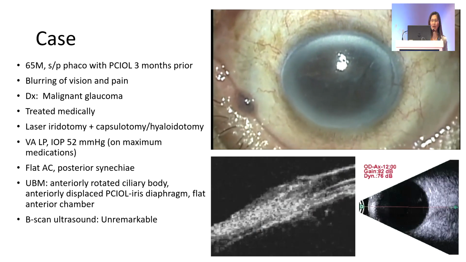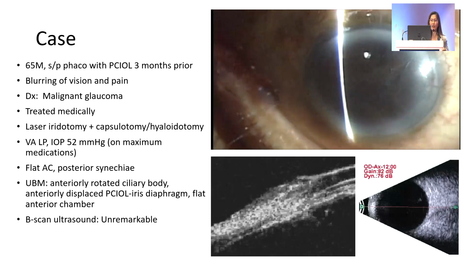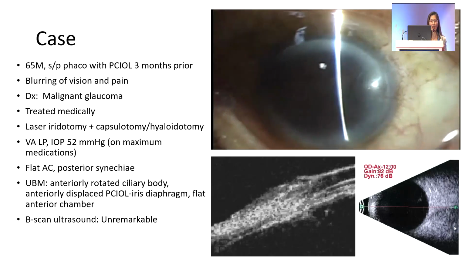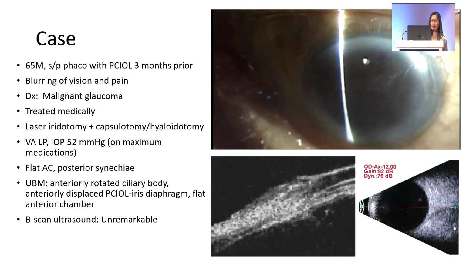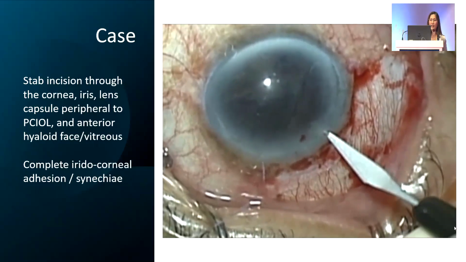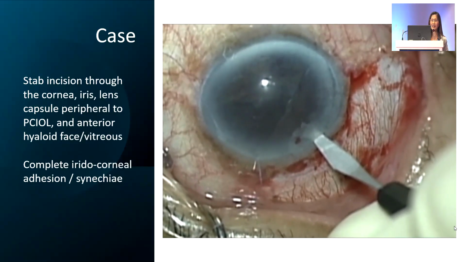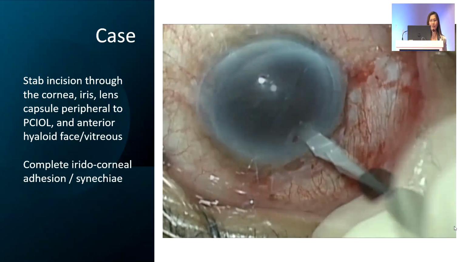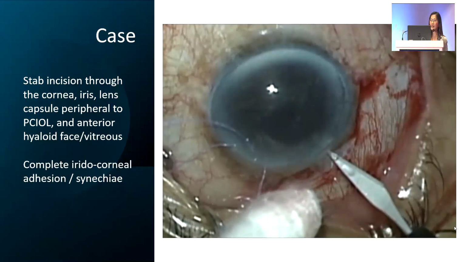On UBM, the ciliary body was anteriorly rotated with a displaced PCIOL and iris diaphragm. The ultrasound was unremarkable, so there were no signs of choroidal detachment. We did a stab incision through the cornea, iris, lens capsule peripheral to the PCIOL, and then up to the anterior hyaloid face.